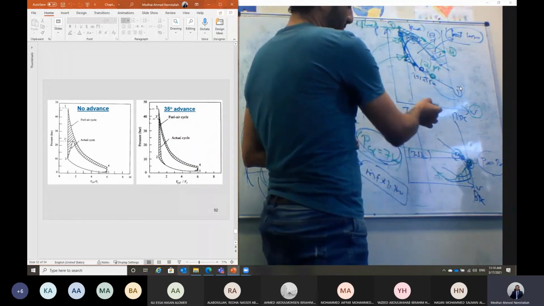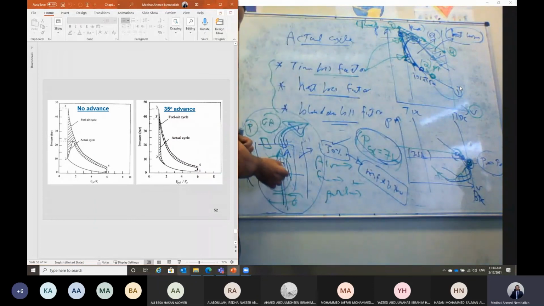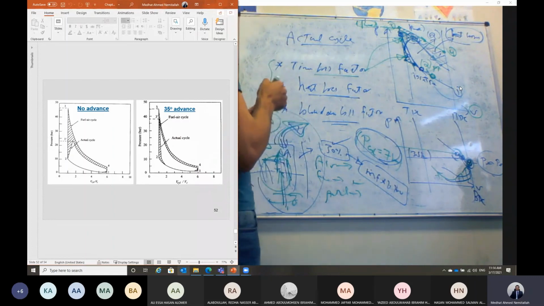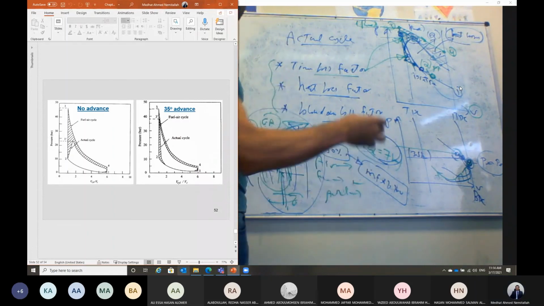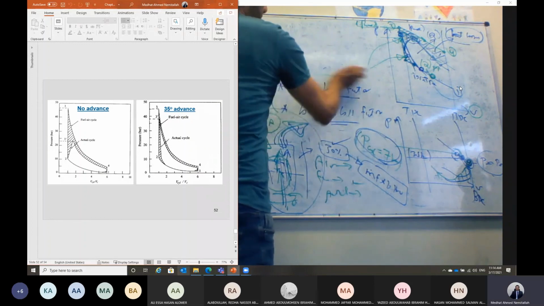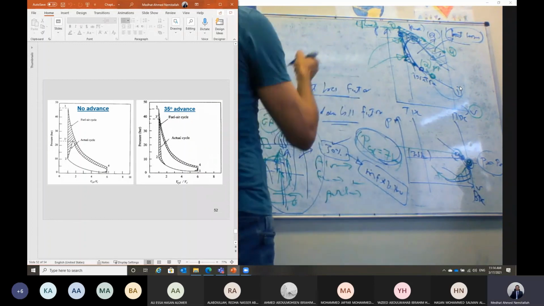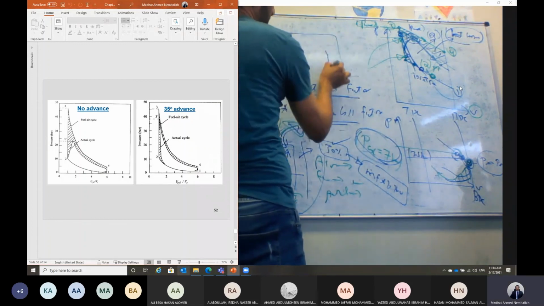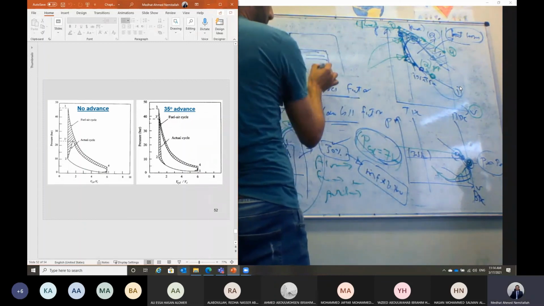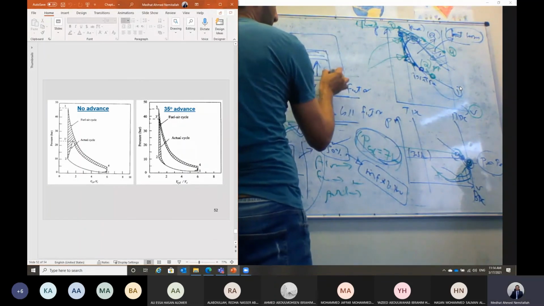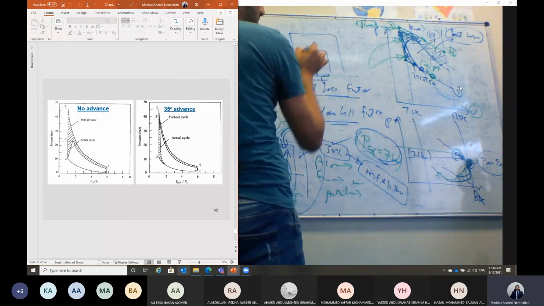And during the compression stroke, the power is coming from the crankshaft, trying to push this piston upward inside the cylinder. So let's draw it here. During the compression stroke, this is the piston, the cylinder, and the piston is here. During the compression, the power is coming from the crankshaft, trying to push this piston up.